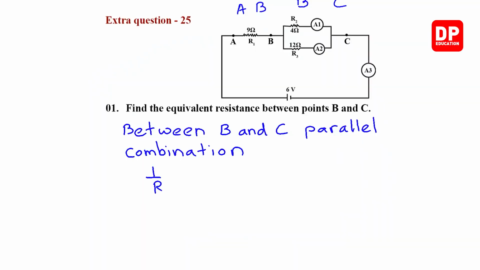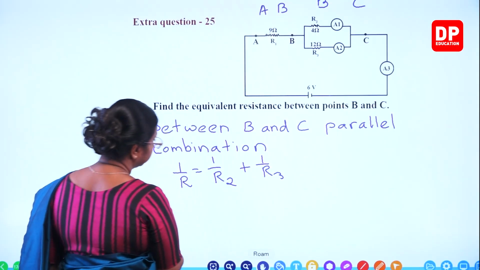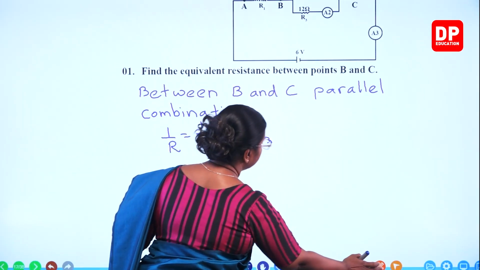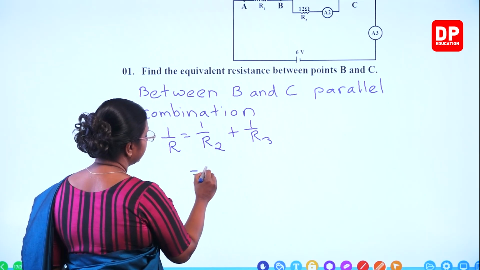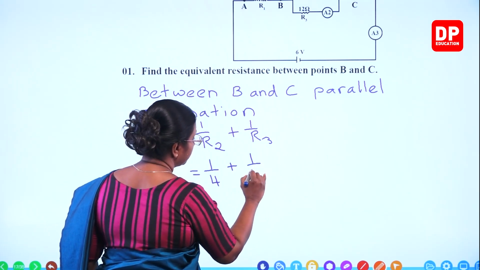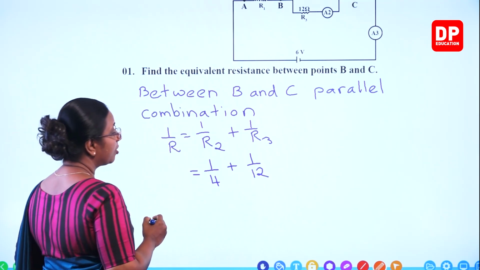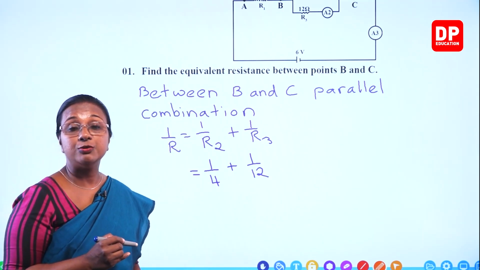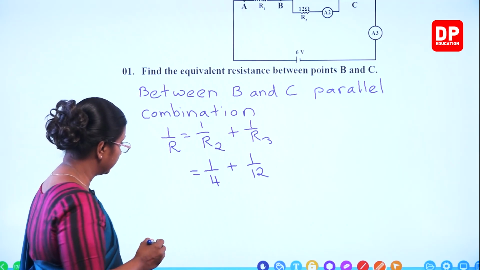1 over R is equal to 1 over R2 plus 1 over R3. If we substitute the values, 1 over 4 plus 1 over 12. Since the denominators are different, you need to find the least common multiple.